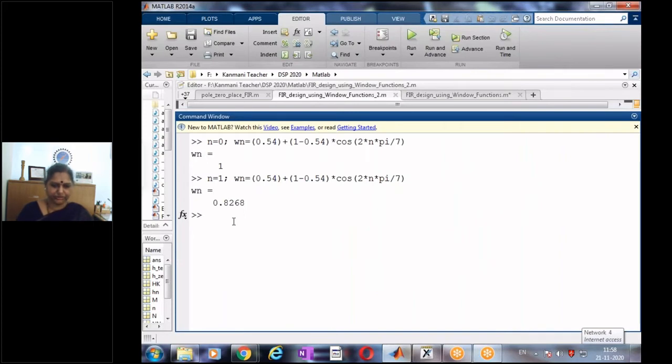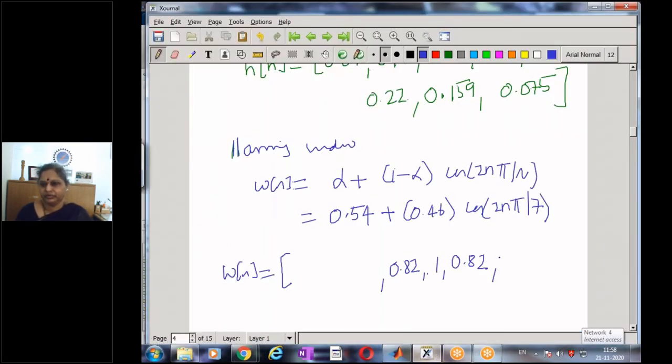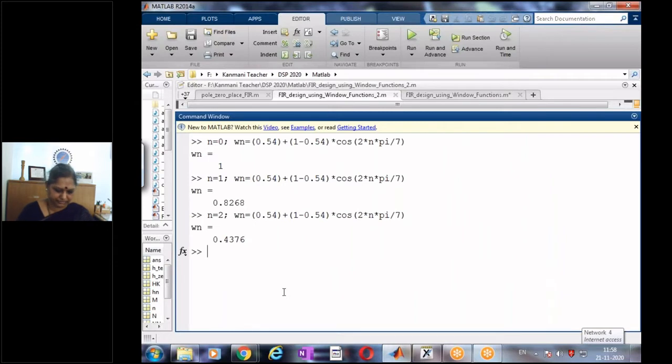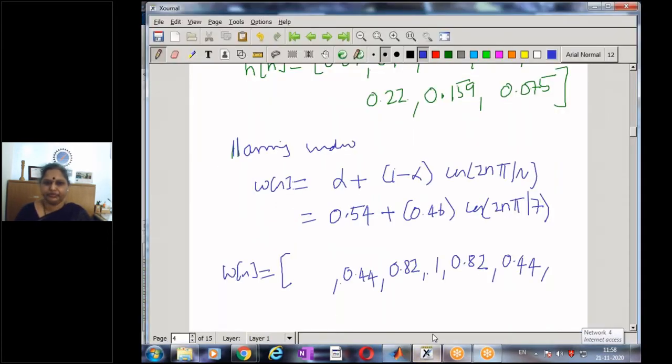Next I put n equal to 2, and what do I get? 0.44, and again 0.44. Next, put n equal to 3, and we get 0.13.